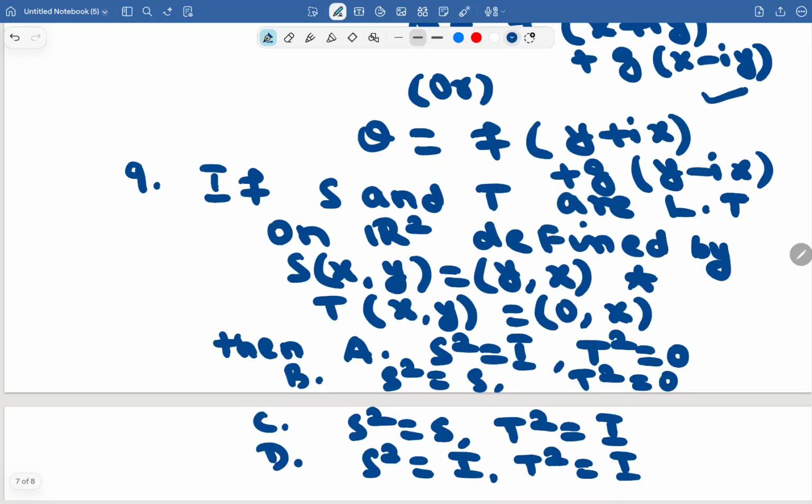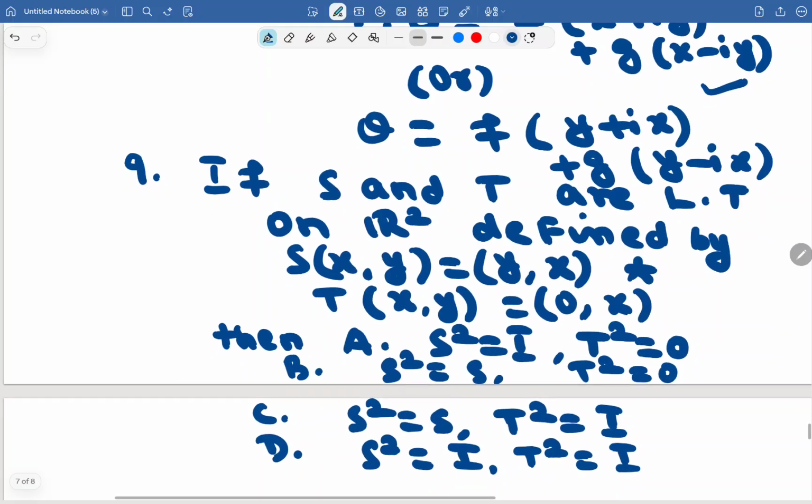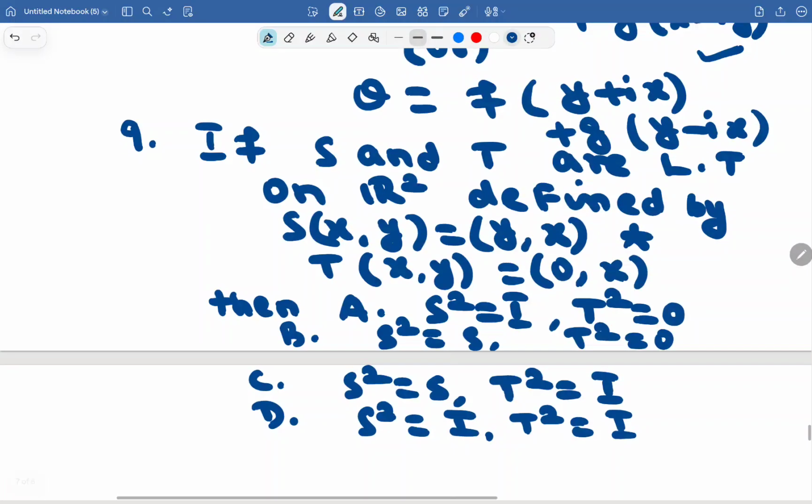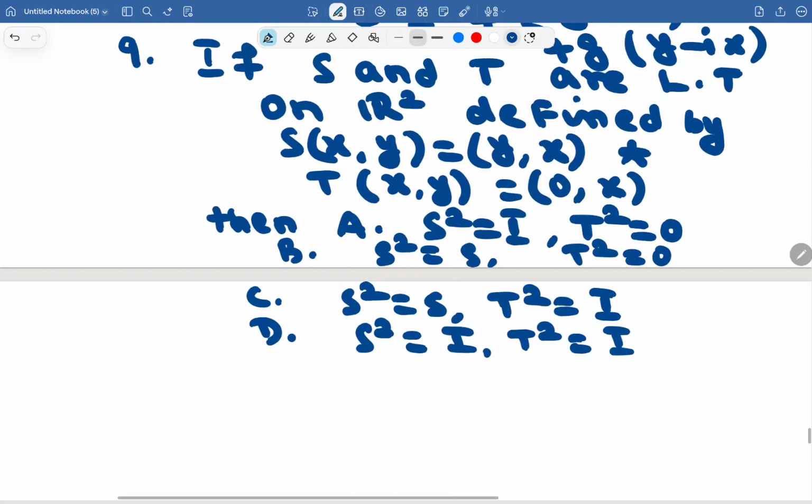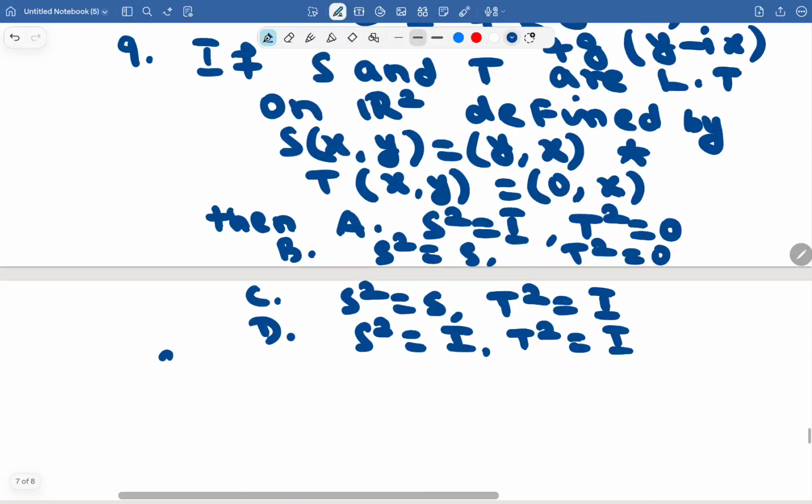Here S and T are given as linear transformations defined by S of x comma y equal to y comma x, and T of x comma y equal to 0 comma x. We have to check which one of the four options is the correct one. Solution.